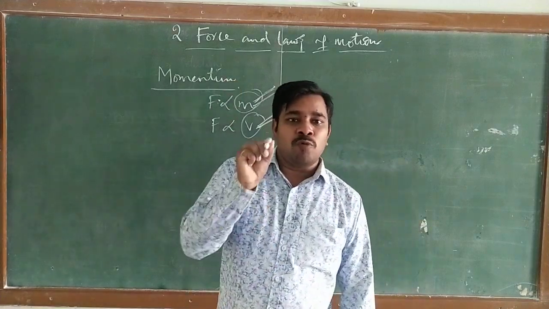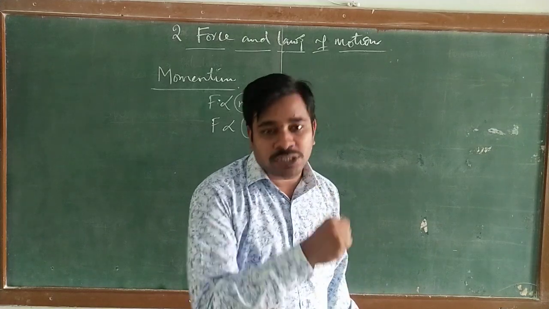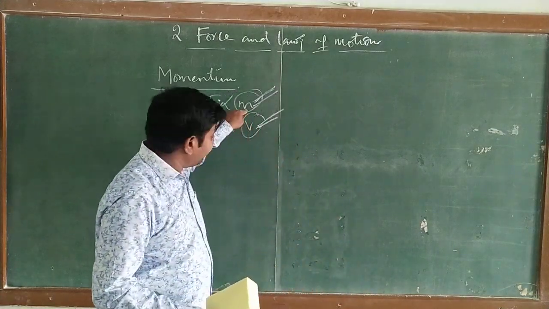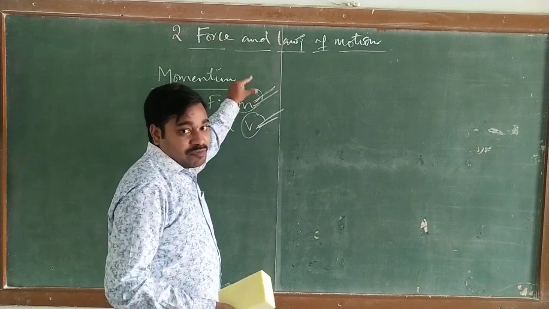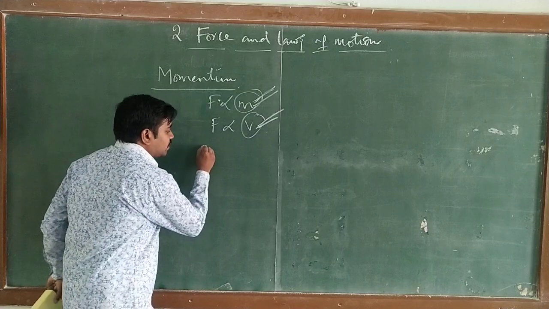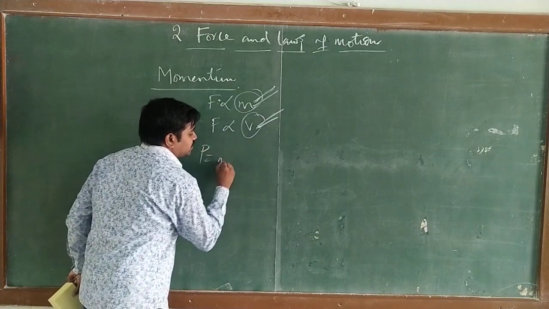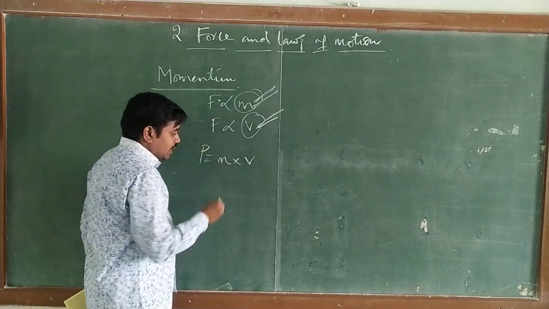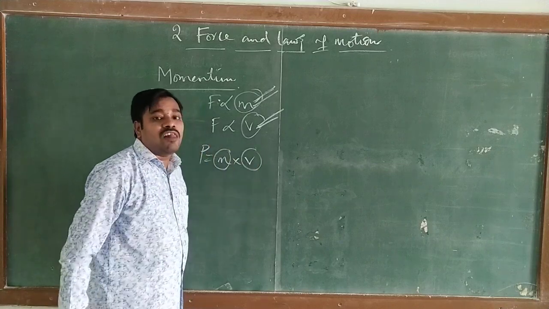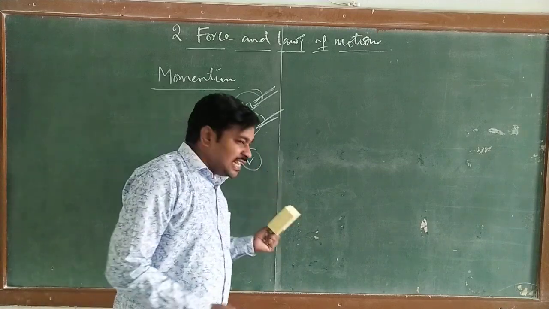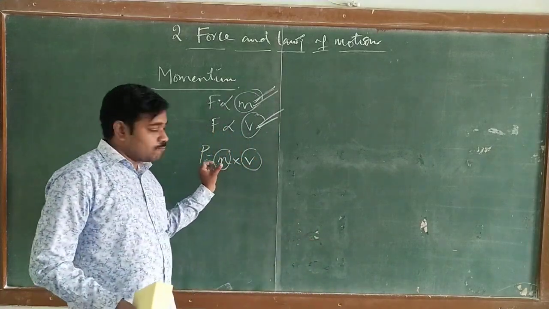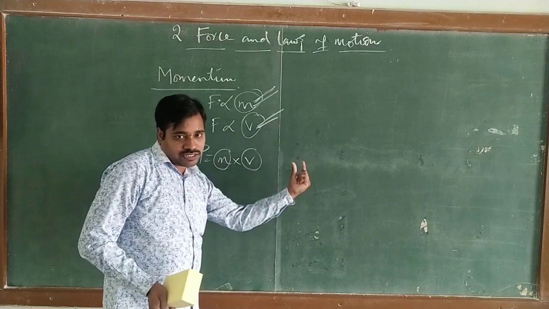Remember one thing: momentum is a measure of motion, and for a body which has mass and velocity, if we measure the motion, we call it momentum. The momentum formula is P equals m into v, where m stands for mass and v stands for velocity. Simply, momentum is the product of mass and velocity.